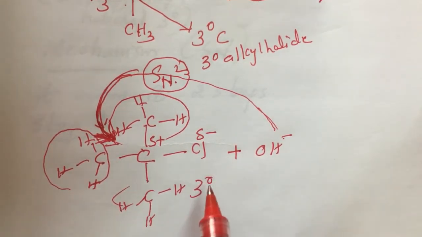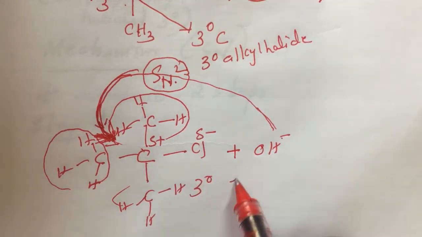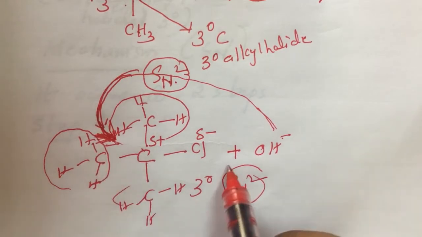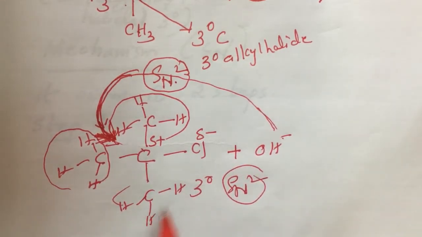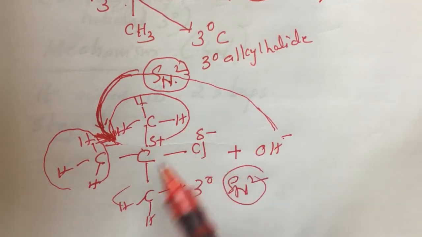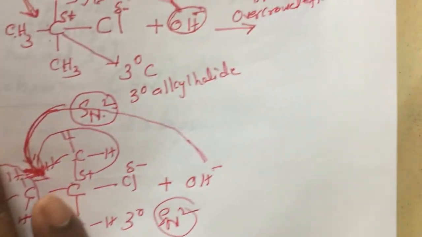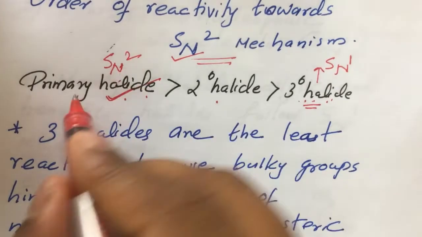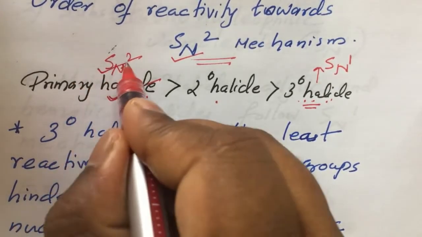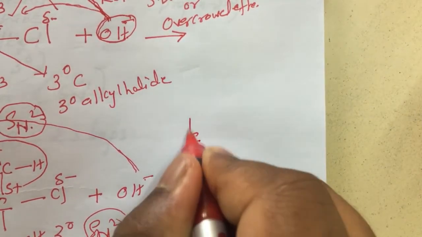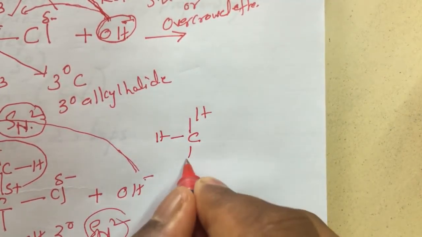So tertiary halide will not prefer the SN2 mechanism because the SN2 mechanism involves backside attack of the nucleophile. In tertiary halide it is not possible due to overcrowding, another name for which is steric effect. Clear? But in the case of primary halide, there are chances for SN2. See, primary halide, CH3Cl.